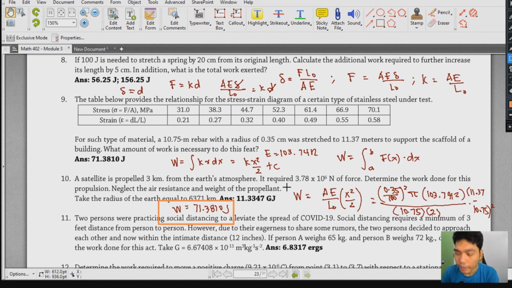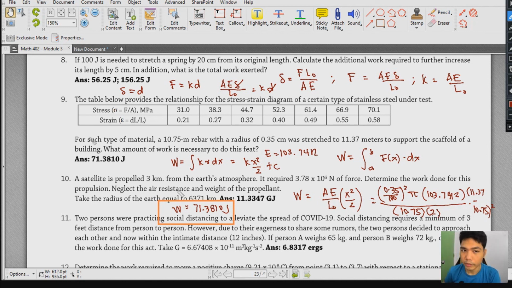By the way, you might be getting 7.138 to the negative 5. But remember, this force is in terms of megapascal. So technically, that's times 10 to the 6. You have to multiply your value by 1 times 10 to the 6. That's why you should be getting this 71.3810 joules. Maybe you'd think you're getting negative 5.